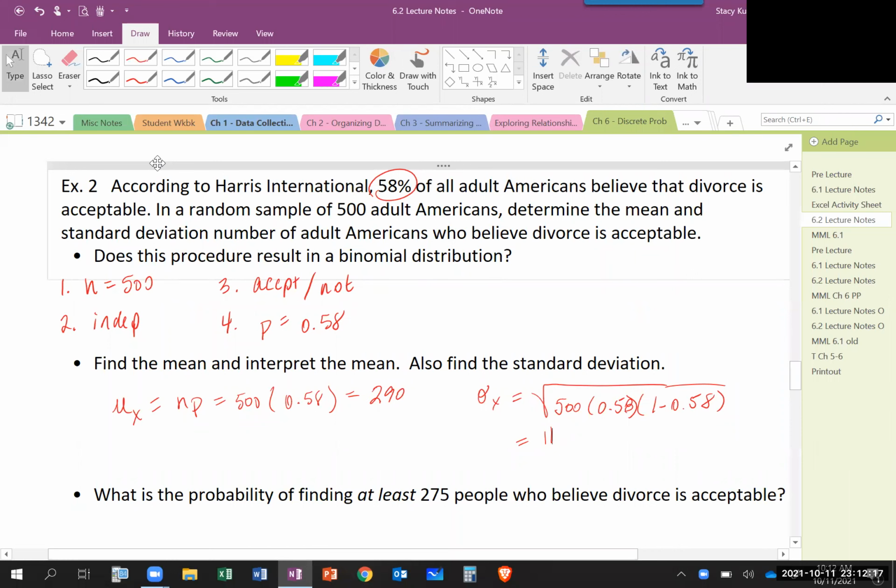So again, somebody interpret the mean here. What does the mean mean in context to this problem? Danielle? 290 out of 500 people find that it's acceptable.